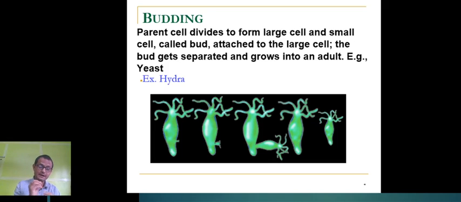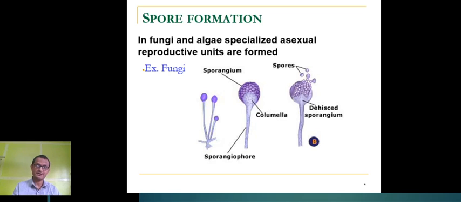And this separated bud will give you a new adult in the future. For example, Hydra. If you see in this diagram, on the right side there is a bud, and this bud will give you a new organism, new daughter generation, or new offspring. So the example is Hydra.